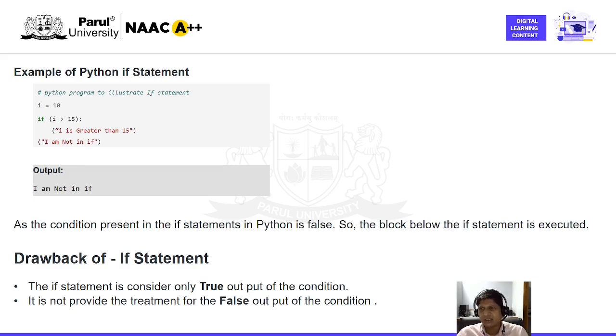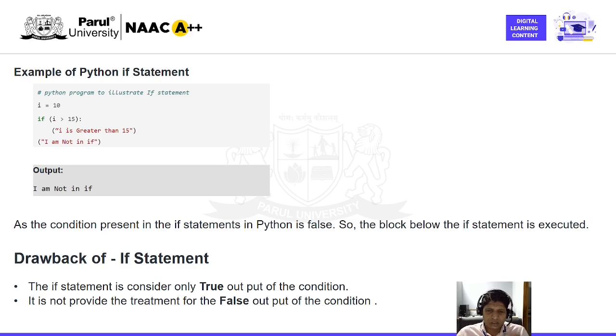If the given condition generates true output, then our block will be executed, no problem. But if it generates false output, there is no proper treatment of what we should do. This is the major drawback of the if statement.